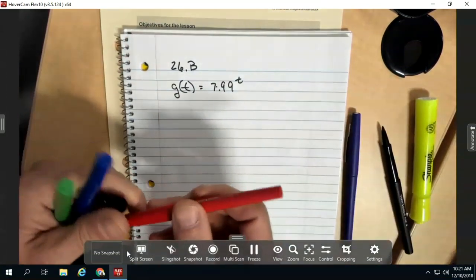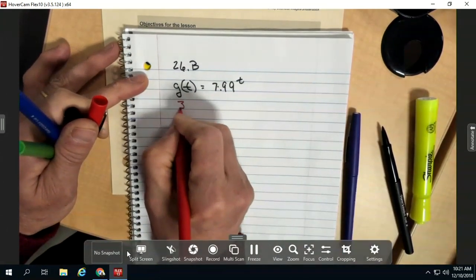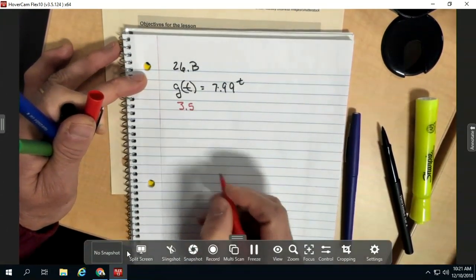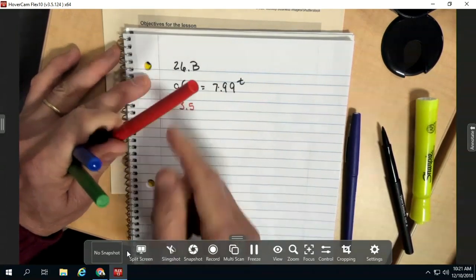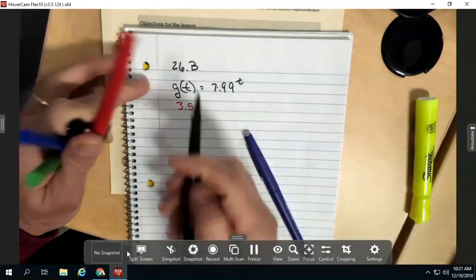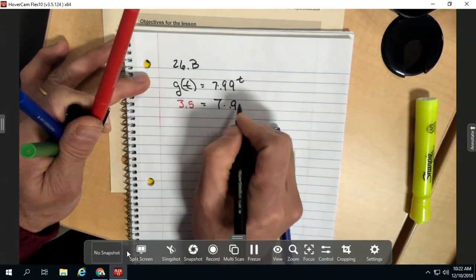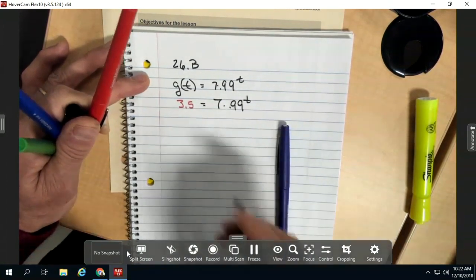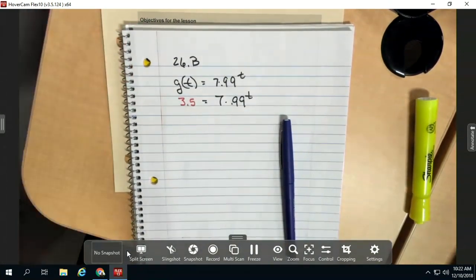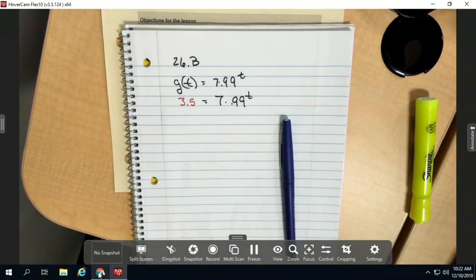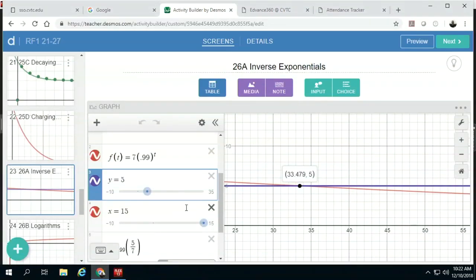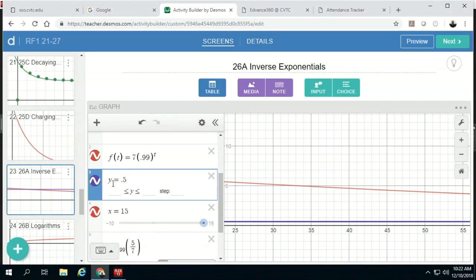So we figured out a way to find the half-life when it was 3.5. And the way we did it was to use Desmos, correct? And we found t, I don't remember what it was, actually. When was it 3.5? Oh, we never did that, did we? 3.5.